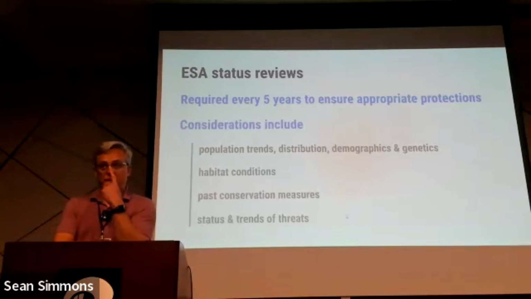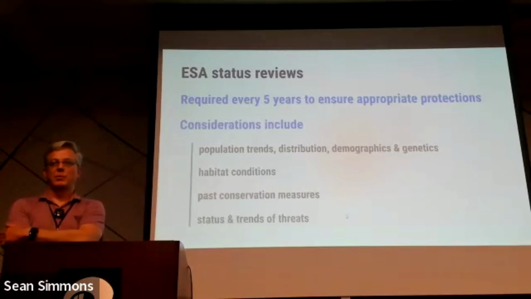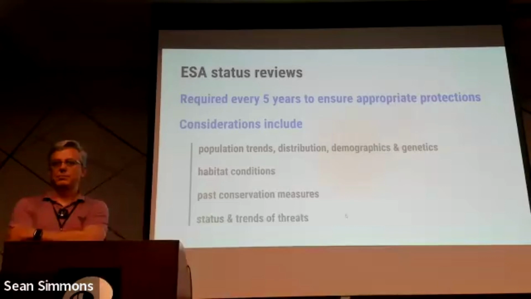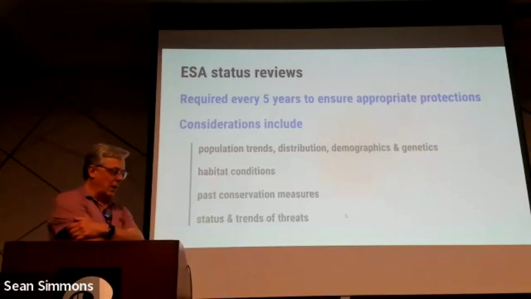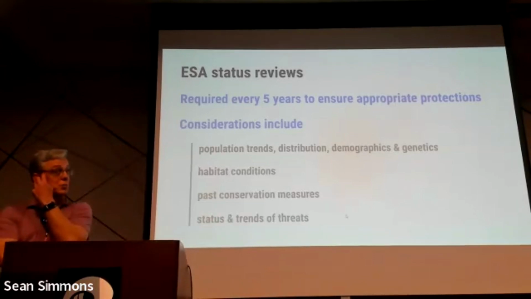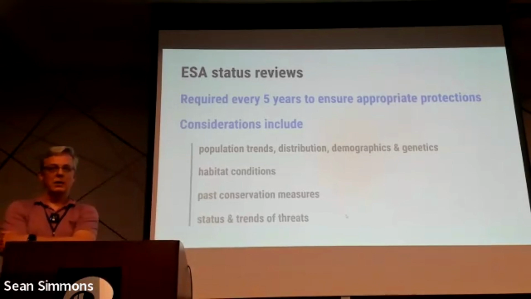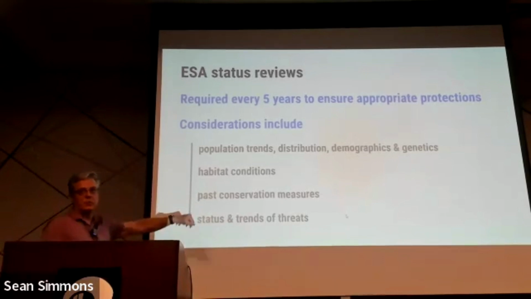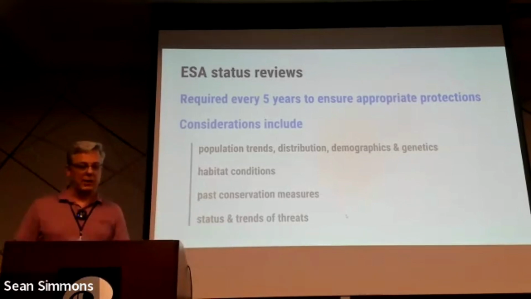Otherwise, let's just think about a situation that Matt and I and probably many of you deal with, and this is ESA, the Endangered Species Act. Every 5 years, ESA mandates that agencies who are charged with the recovery of those species conduct status reviews. And this list of things here is basically all the things that a status review team needs to think about.